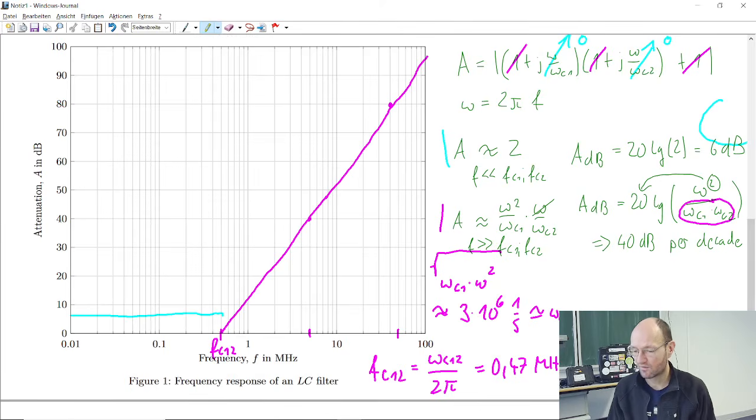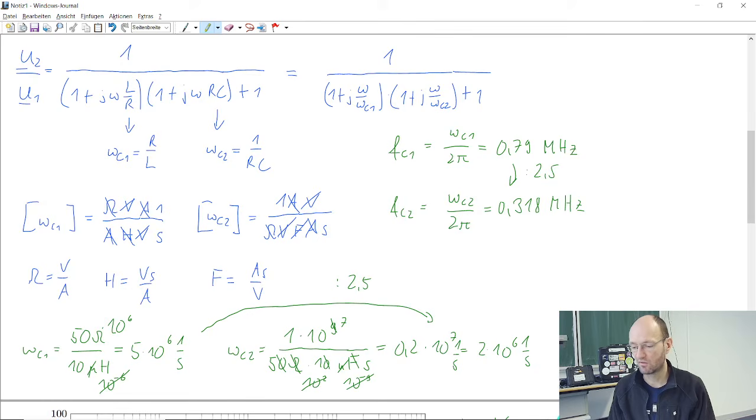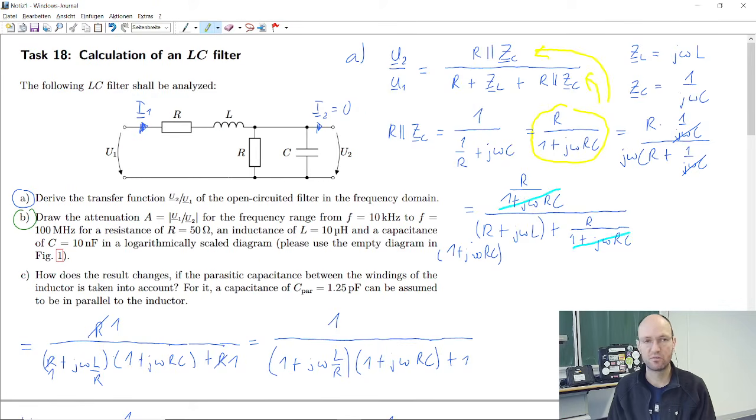Sometimes you have bad luck. So if we increase the frequency inside the logarithm by a factor of 10, the decadic logarithm of 10 is 1. And so we get another 40 dB in this case. So every frequency decade, you get 40 dB more of attenuation for this filter. And because it's a second order filter, because we have two different elements in there, some L and some C.